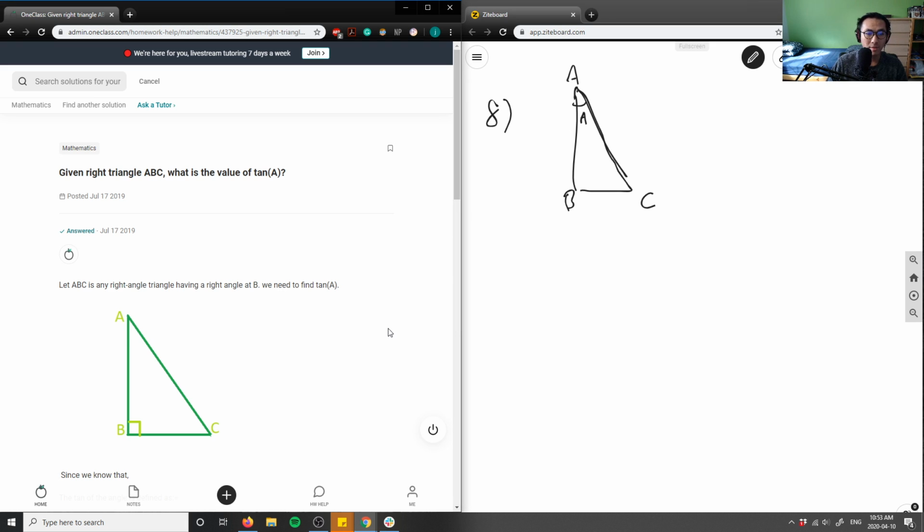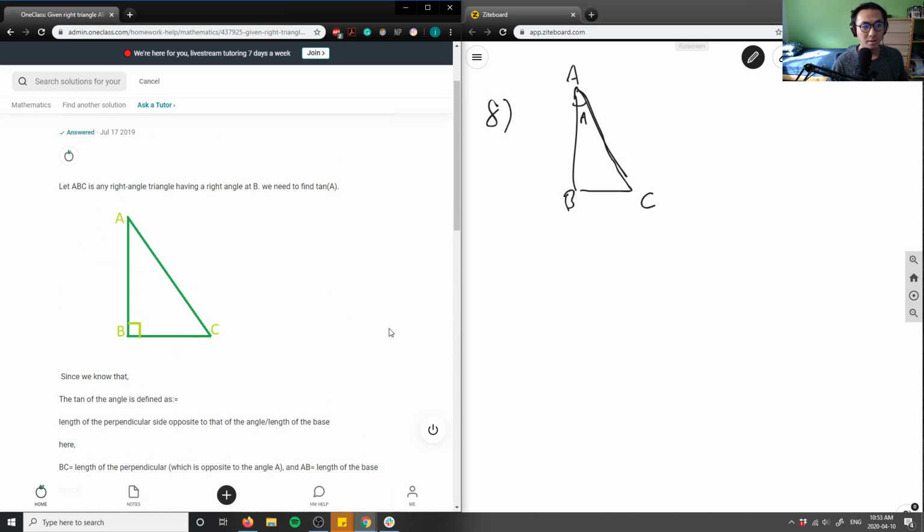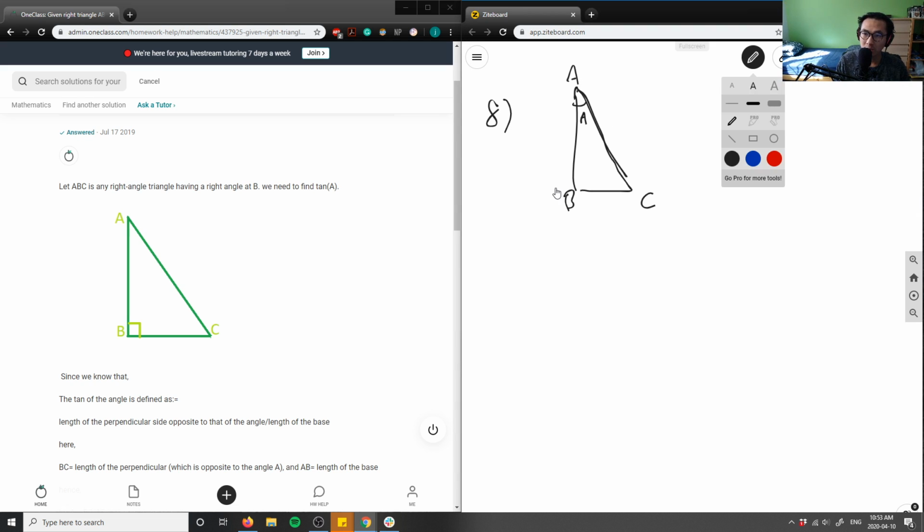And then we look at their solution. I'll define these two things here. From A to B, this is AB. I'm going to do this in blue. From B to C is BC, and then from A to C is AC, right? And that's what you're kind of familiar with here.